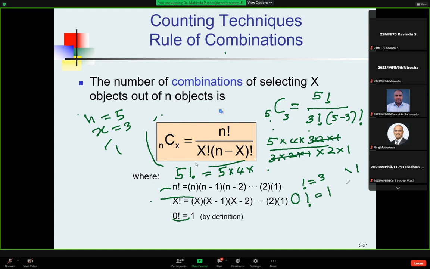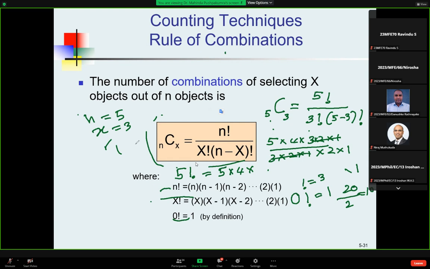Then the answer is 20, that means 4 into 5, 20, 20 over 2. There are 10 arrangements. No need to draw a T diagram. You can get the answer quickly.